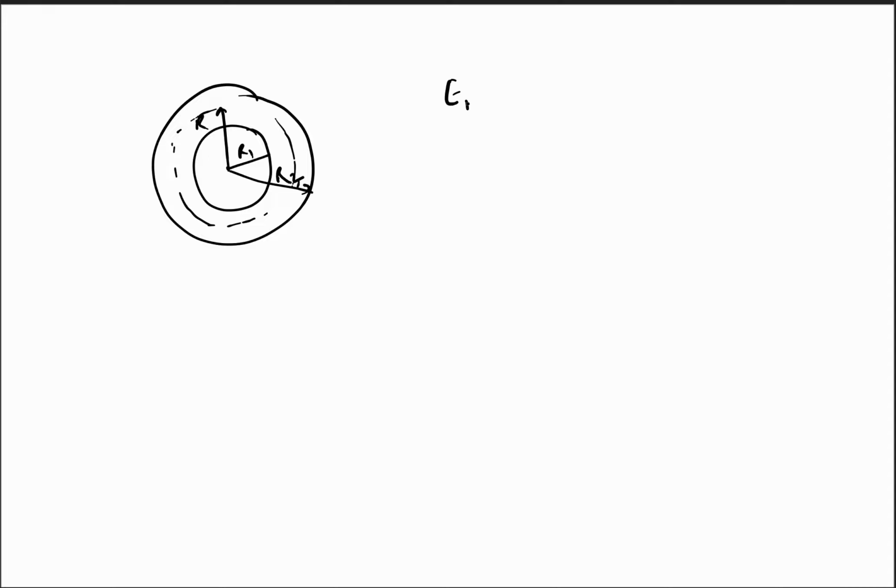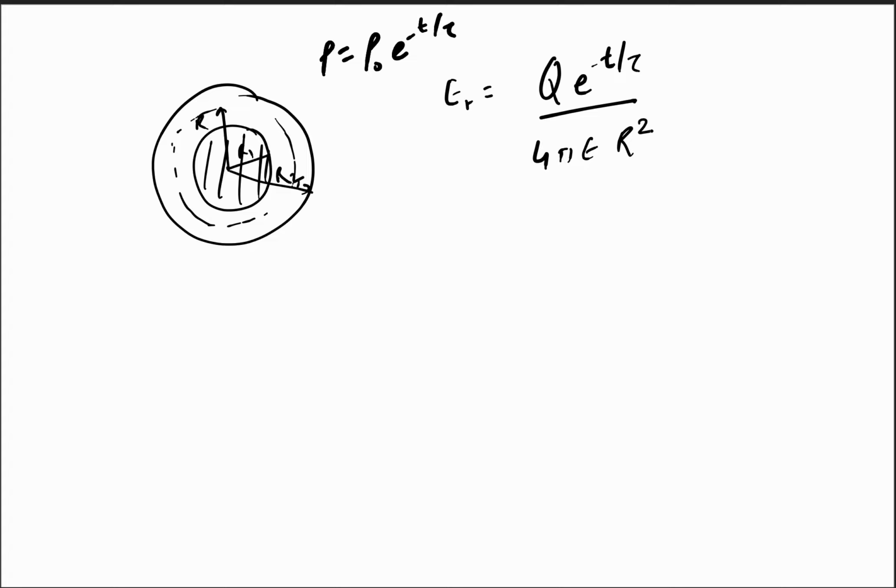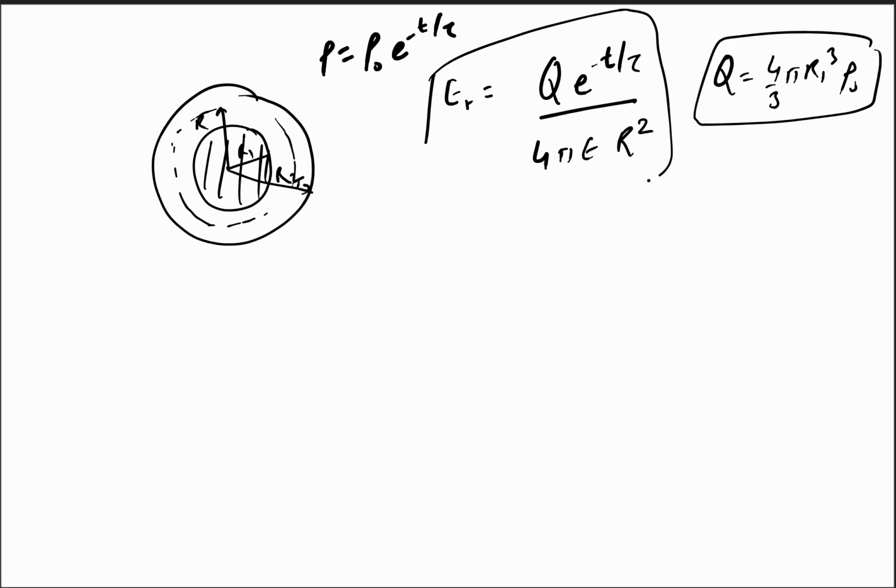So E_r will be simply the charge enclosed by this Gaussian surface. Now this charge enclosed is of course decaying gradually with time, because inside, the charge was gradually decreasing using this equation only. So this charge enclosed is going to decay with time over 4 pi epsilon r square, and this Q, as I already told, is simply 4 by 3 pi R1 cube rho naught, and the direction is radial, of course.